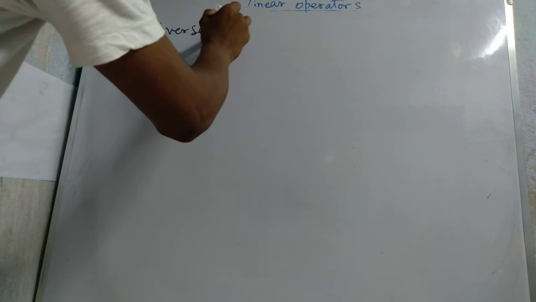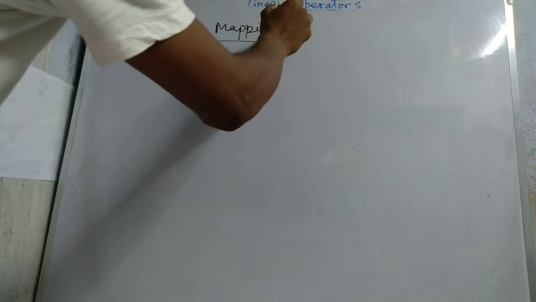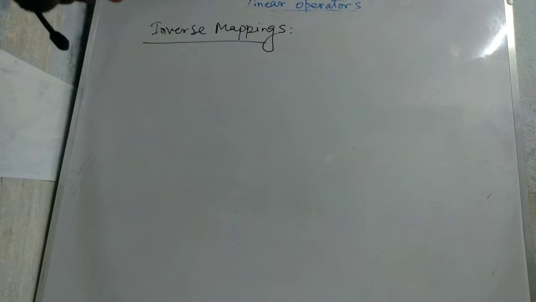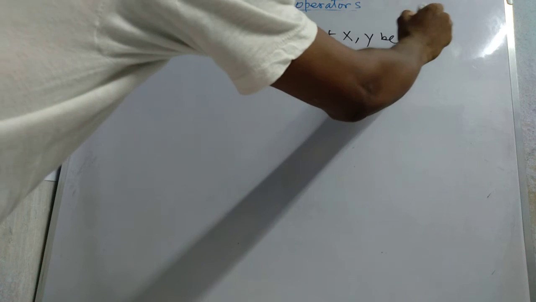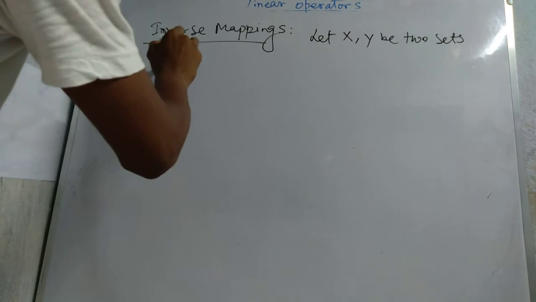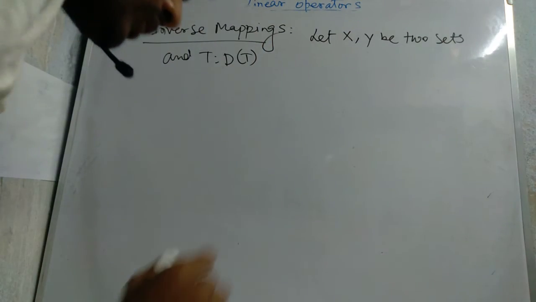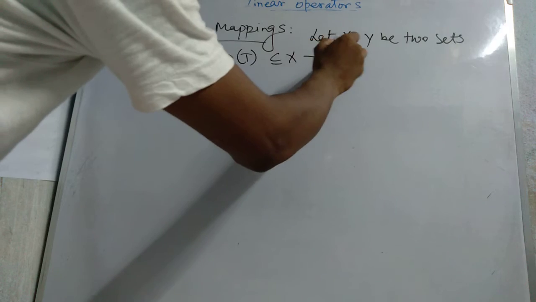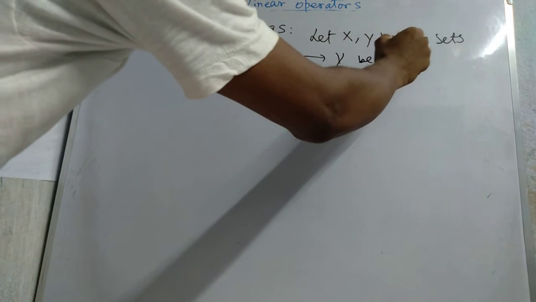Let X, Y be two sets, and T from D(T), a subset of X, to Y be a mapping.